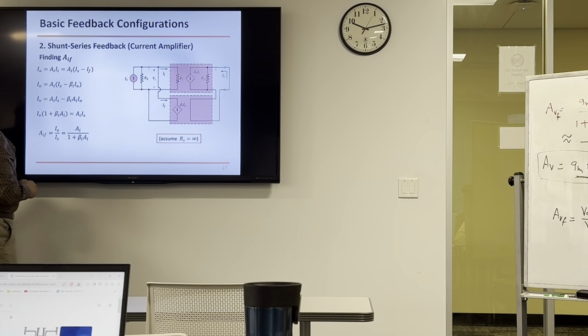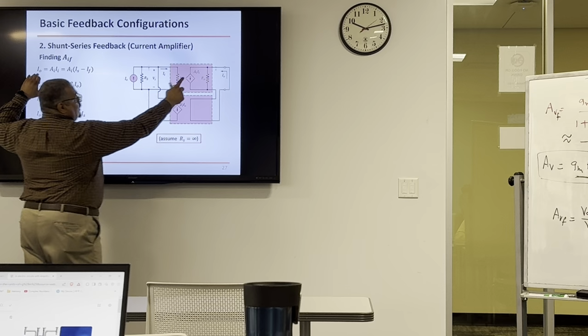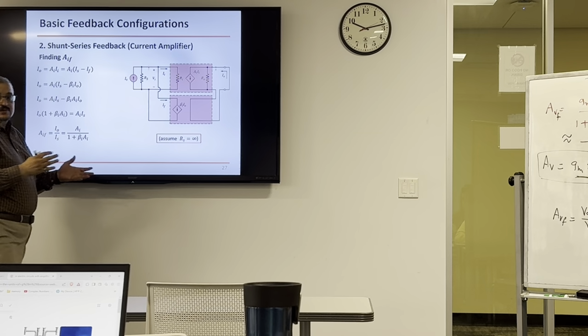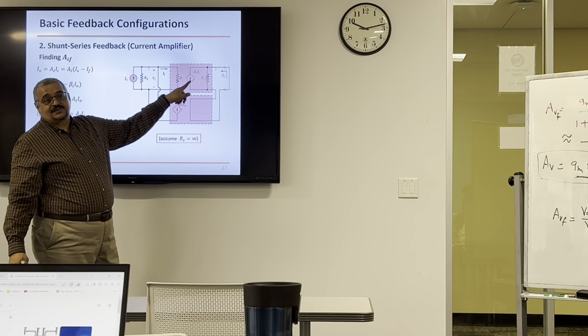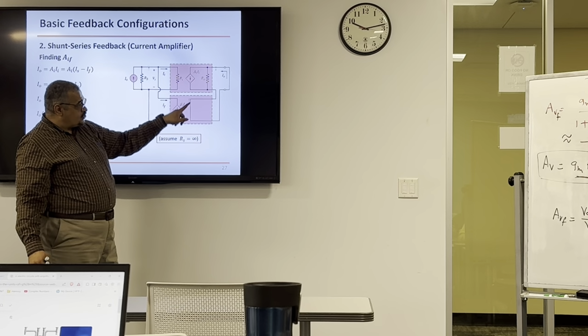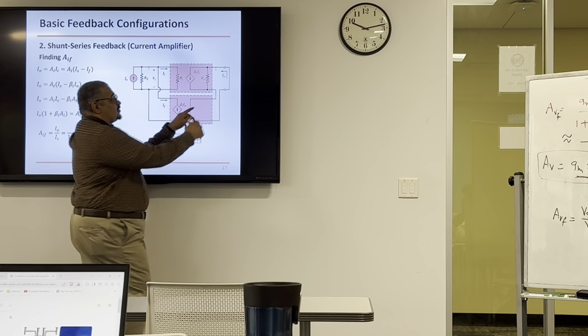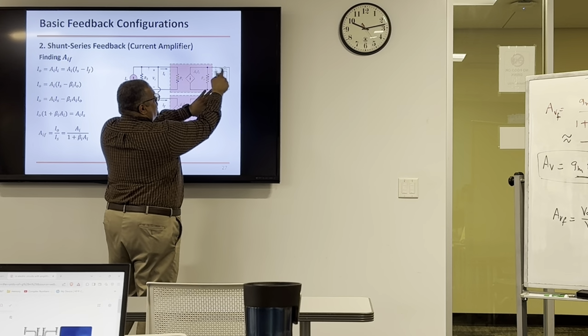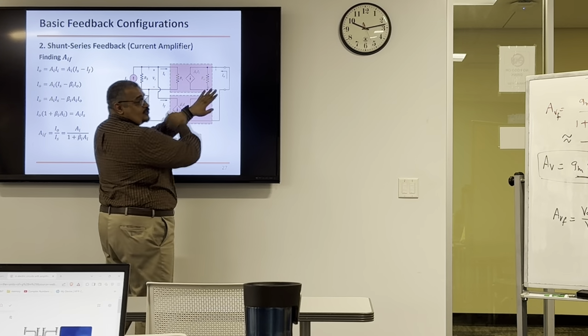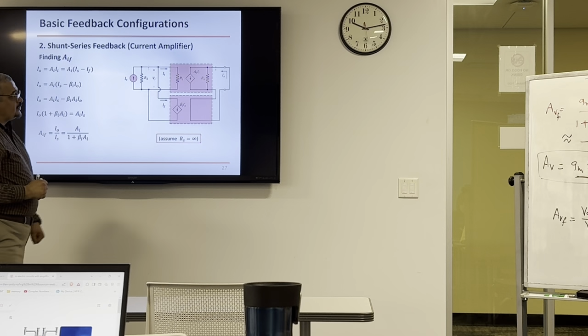With the feedback, let's analyze the circuit. I/O is the same as AI times II. You agree with that? Or is it clear why this current is the same as this current? Because this is shorted, right? If this is shorted, that means this is shorted, right? Now, if you have a current here, this is going to be the same as this current, because no current will flow through RO, right?